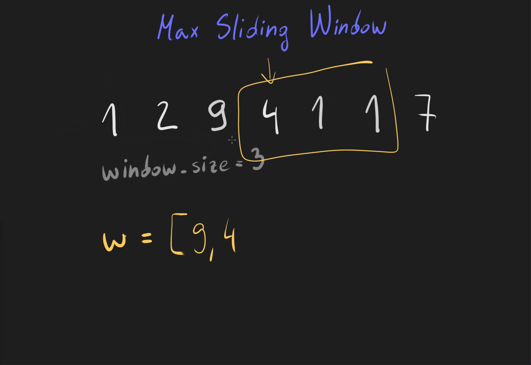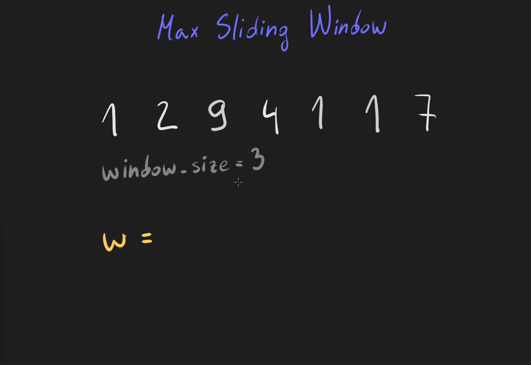Another way of solving this, instead of using deques, would be to use a heap or priority queue. We could be building a max heap. Starting from the beginning, we would have 1, 2, which would change to having 2 and then 1 and so forth. 9 is at the top.